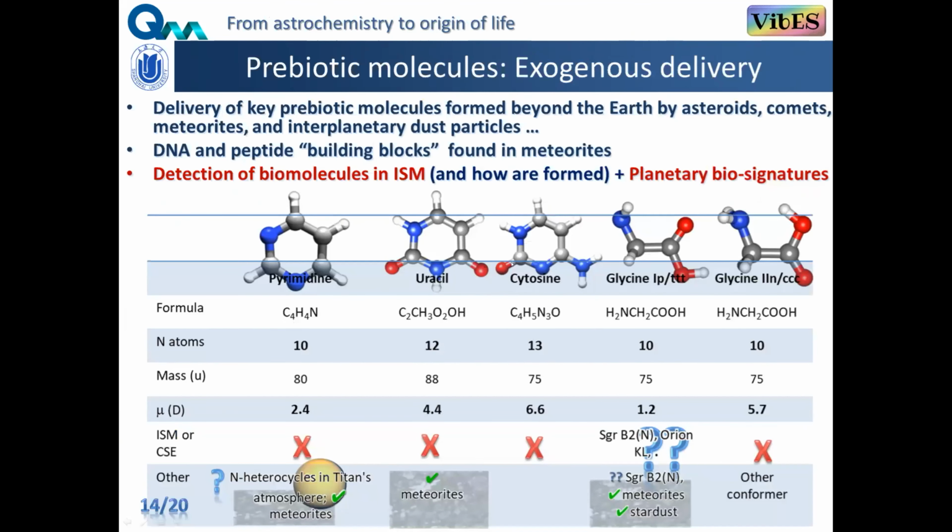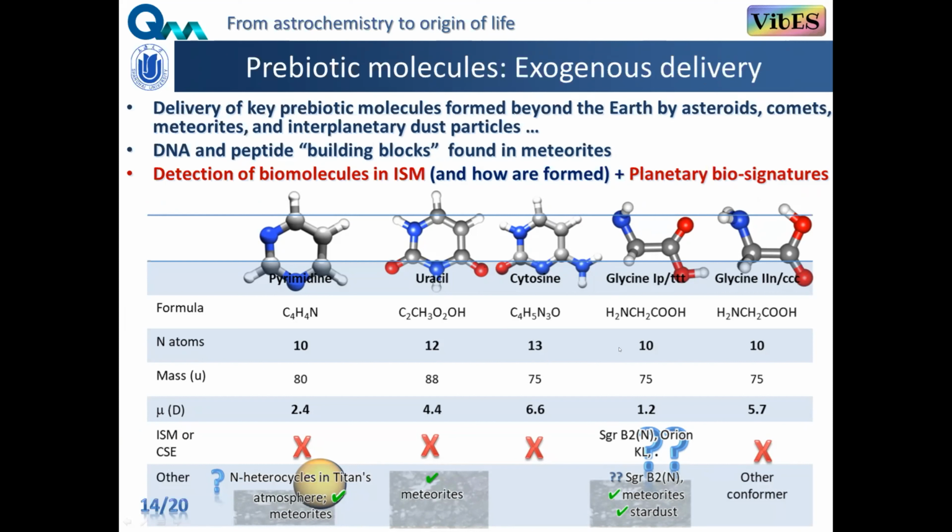And this is why there is big interest in prebiotic molecules to understand how life came to Earth. Did the prebiotic molecules arrive on meteorites, or were they created on Earth itself? So the detection of biomolecules in the interstellar medium and some planetary biosignatures is a very hot topic.